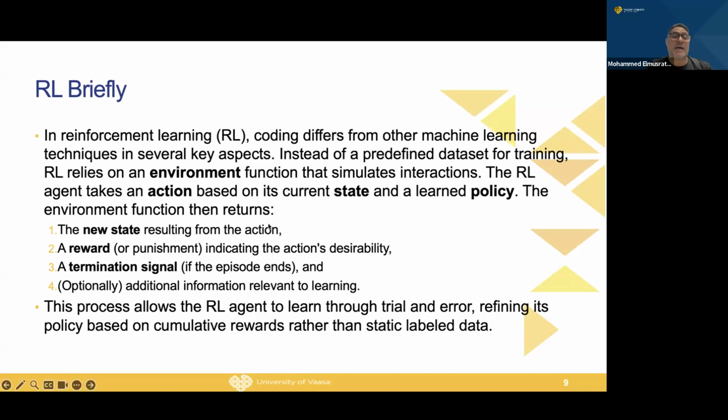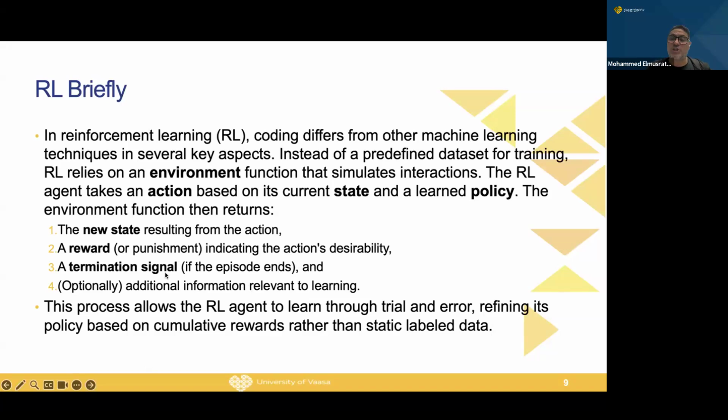Then the function should also return a reward or punishment, indicating the desirability of the action, whether it is desirable or not. Sometimes it returns nothing, it returns 0, so no punishment and no reward, just delayed. And third, a termination signal.